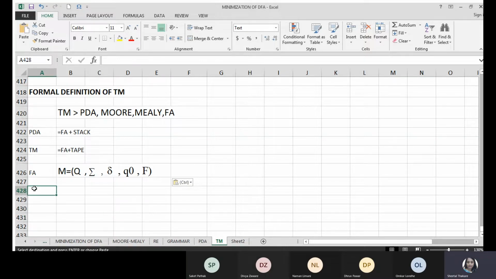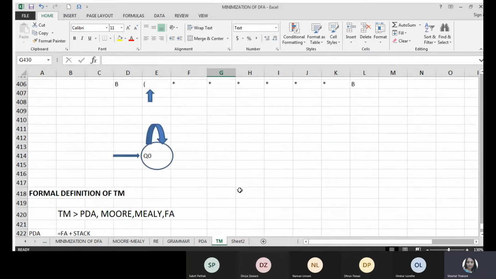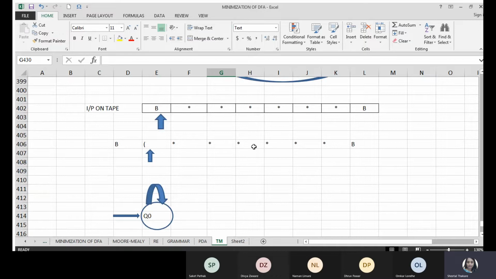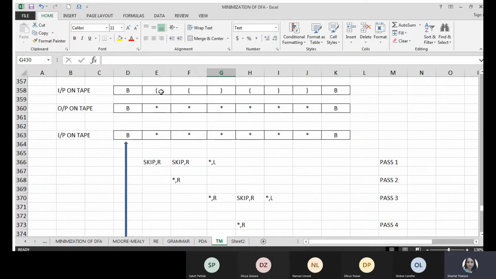When you say tape is also in picture, then along with tape you got tape symbols. Why tape symbols are different than this summation or sigma input symbols? Because if you consider previous example itself, we have seen that input symbols are, say, left and right parenthesis.